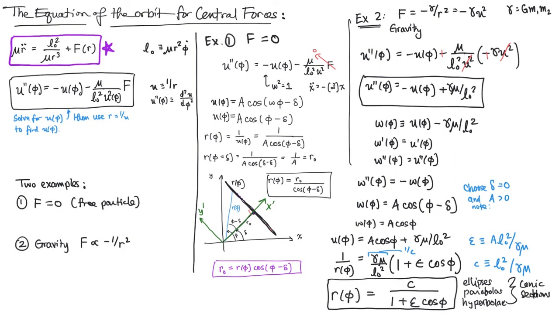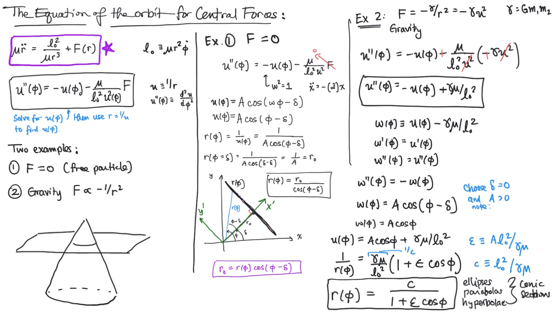We call them conic sections for the following reason. If we come over to the bottom left corner, I've drawn a cone and I've drawn a plane slicing that cone. And one way to slice that cone is with the plane parallel to the base of the cone, in which case you get a circle.